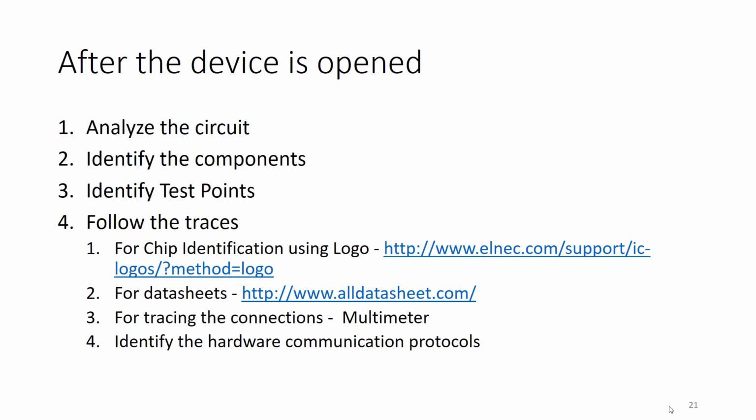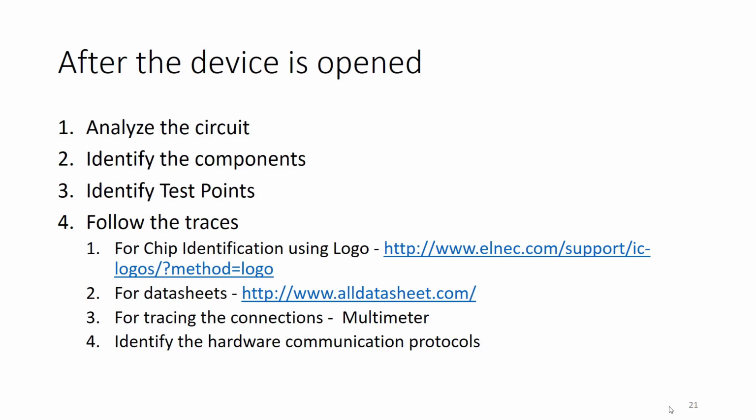Then when you identify the chips, the next step is to find the data sheet of the chip, because there you find out which pins this chip is using to communicate data or bits to other devices or components. Once you identify the pins, you might need multimeters to judge the continuity or the actual pinouts on the board.